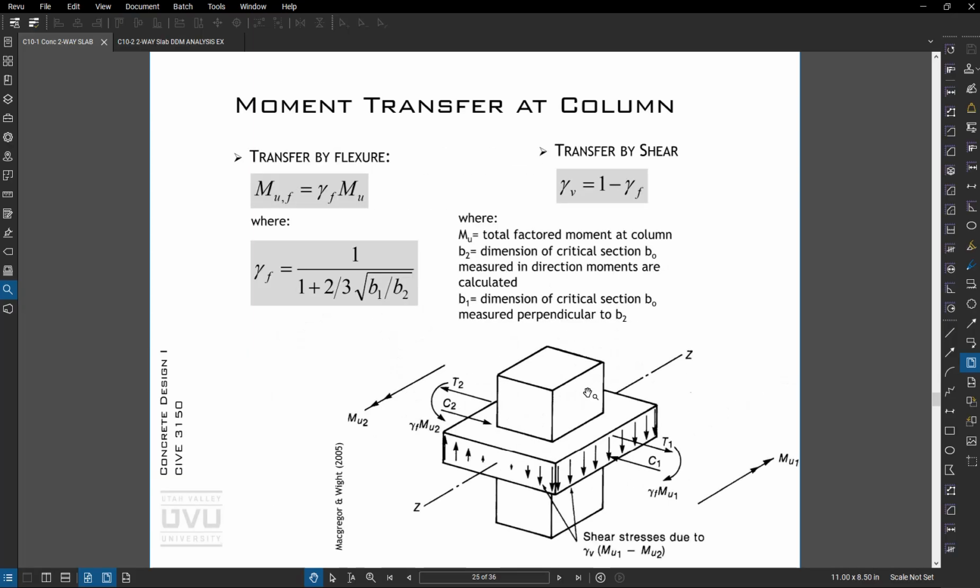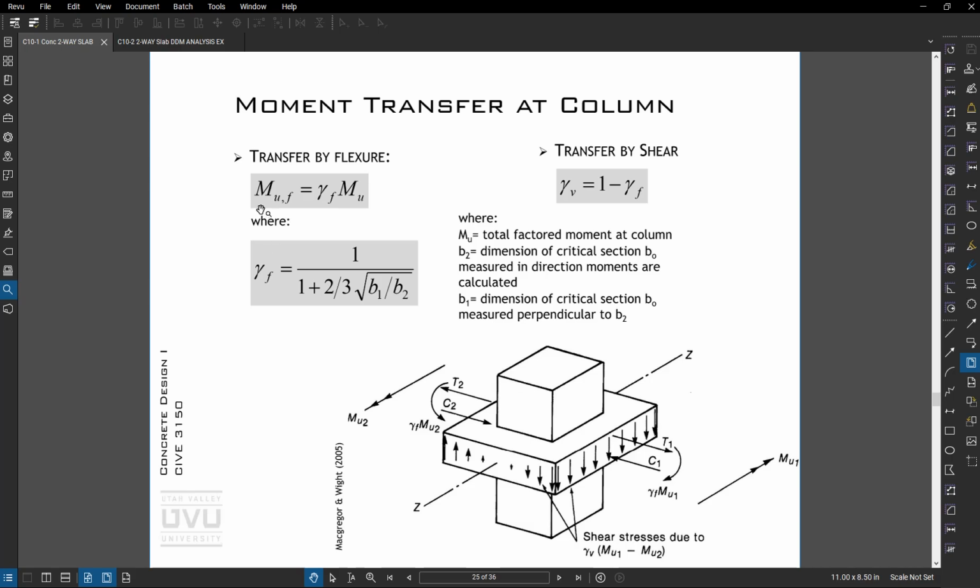So how much of the moment gets transferred through pure bending versus shear? We have equations that walk us through that. I'll let you use your finite element analysis to get this number.